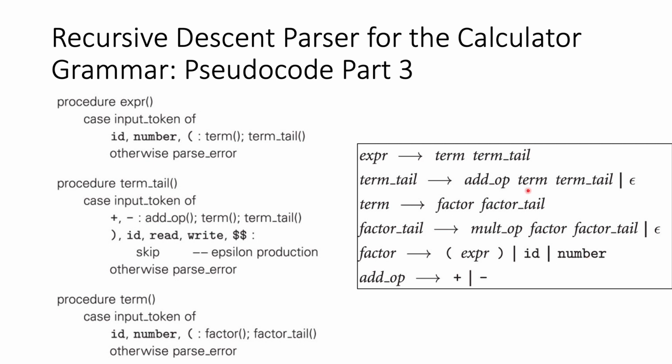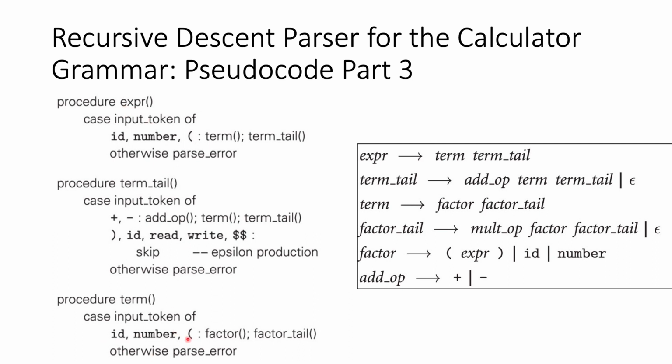So we only predict this production of EXPR if the current input token is one of these tokens, that is either the open parenthesis, ID, or number, as shown here. The predict set for term is the same as or similar to that for the EXPR.